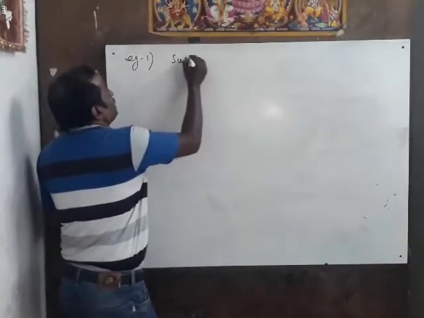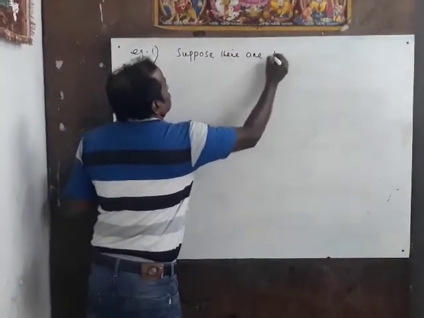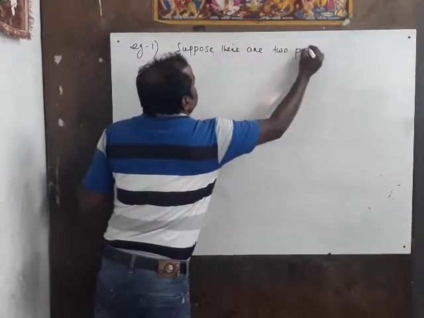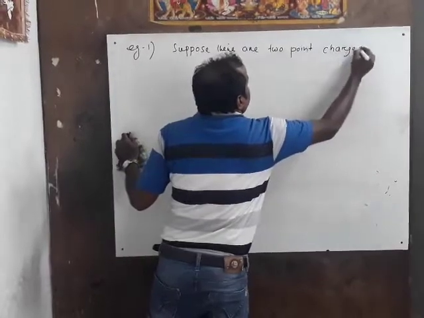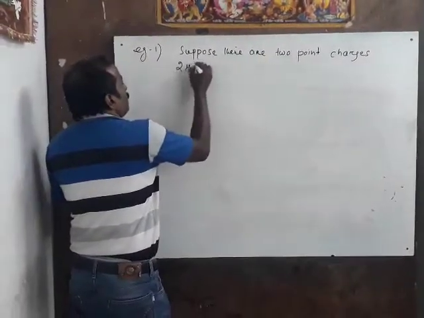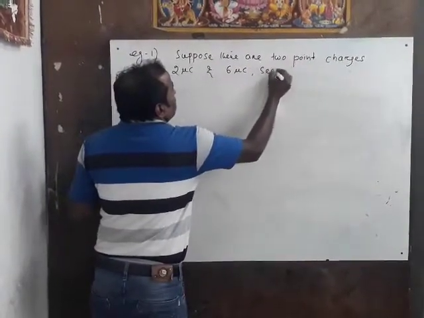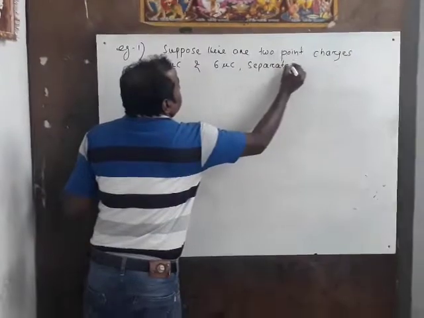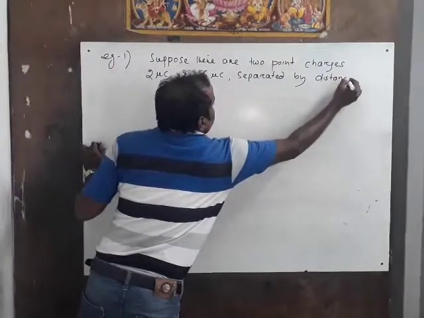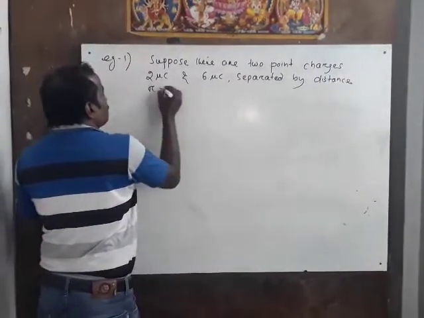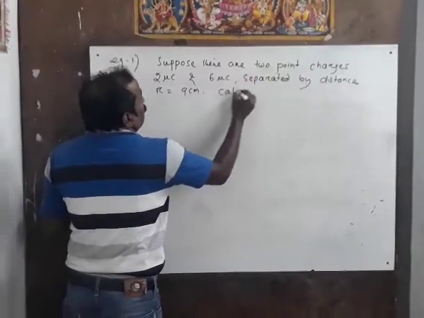Suppose there are two point charges, 2 microcoulomb and 6 microcoulomb, separated by a distance R. Calculate the force between them.